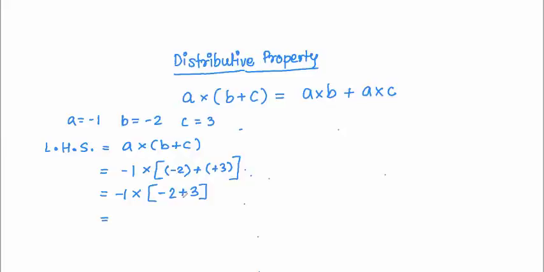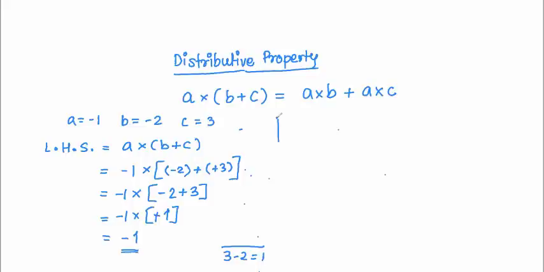So we subtract 3 minus 2 is equal to 1, and hence it becomes -1 into bracket 1, and 1 gets the sign of greater integer or greater number, which is 3 here, and the sign is plus. So plus 1. Now -1 into +1, multiplication of the weights gives us 1, and only one negative integer, which is odd number of negative integers, gives the sign as minus. So our answer is -1.